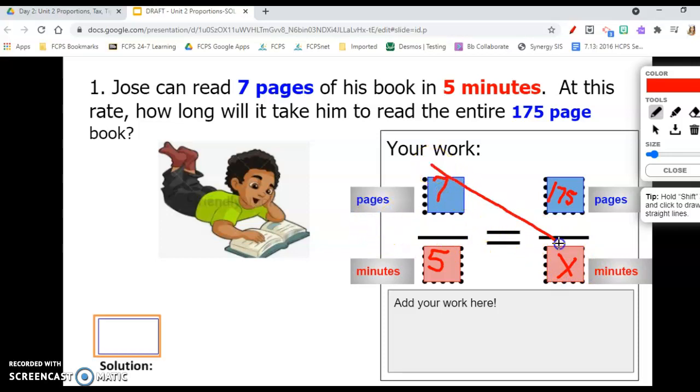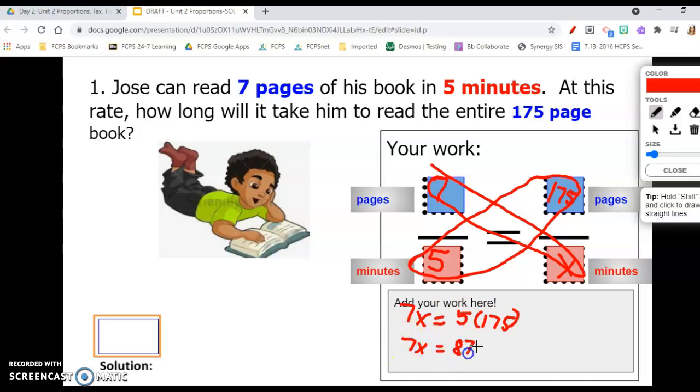We're going to cross multiply. 7x. We're going to multiply 5 times 175, and that ends up being 875. So 7x equals 875. We're going to divide both sides by 7.